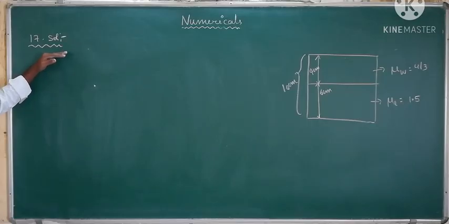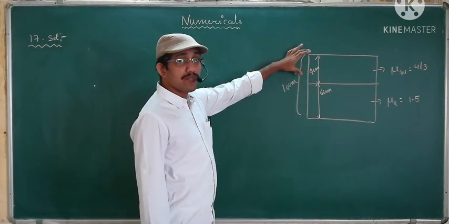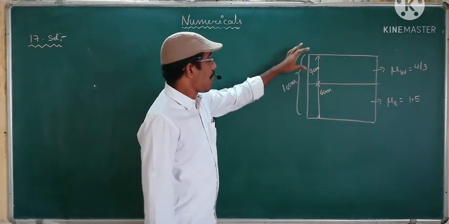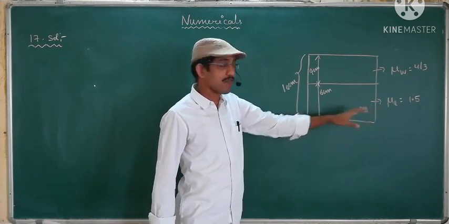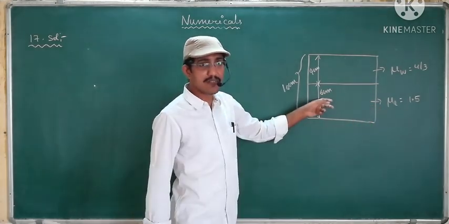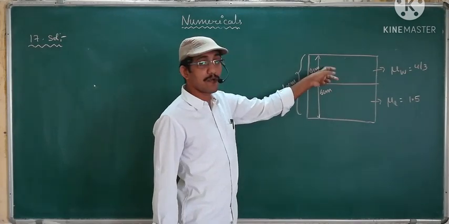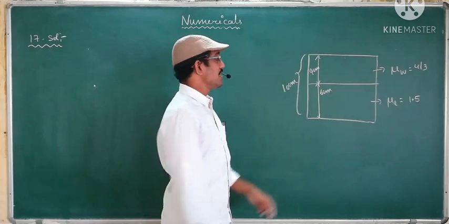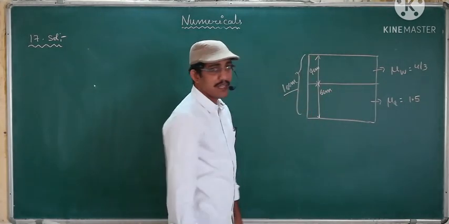A layer of 4 centimeters of water is placed on a layer of oil having refractive index 1.5 and thickness 6 centimeters. This layer has 4 centimeter thickness and this layer has 6 centimeters thickness. Then the real depth is equal to 10 centimeters.